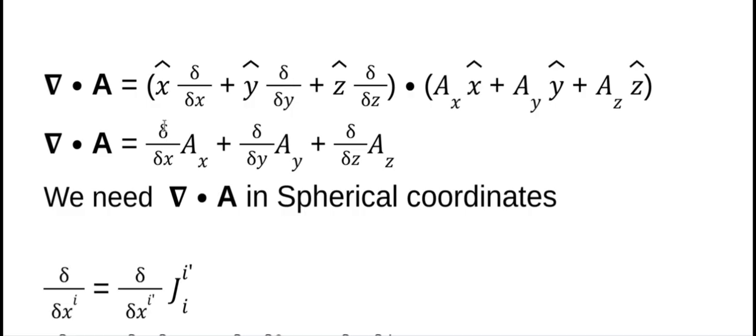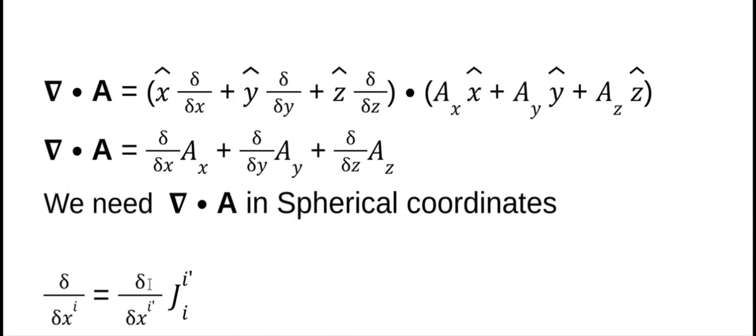The first thing we're going to pick is transforming these partials into spherical coordinates, okay? So in tensor calculus, we would write it like this. We would say the unprimed system is changed to the primed system via this Jacobian.